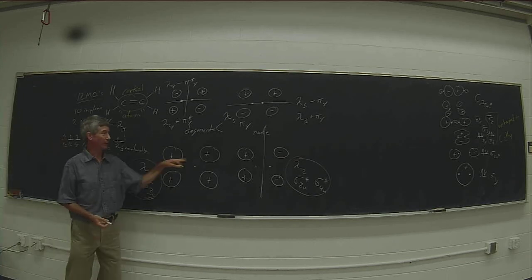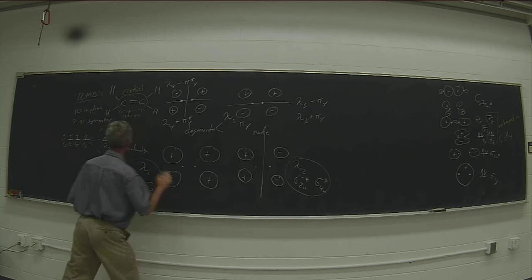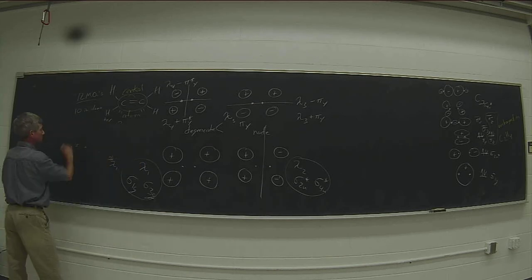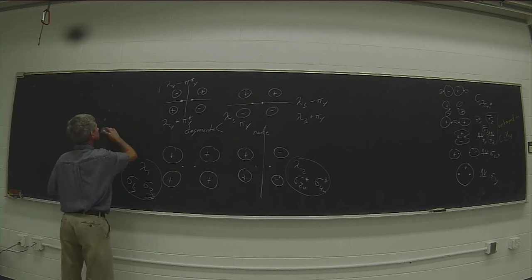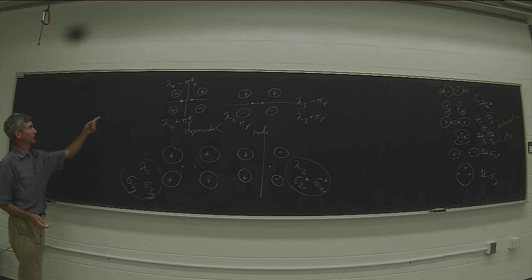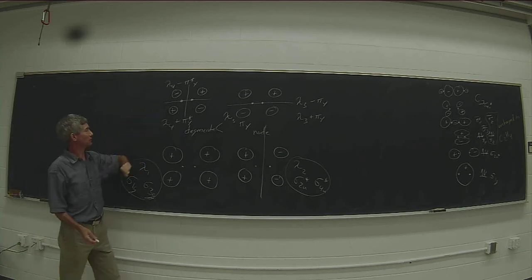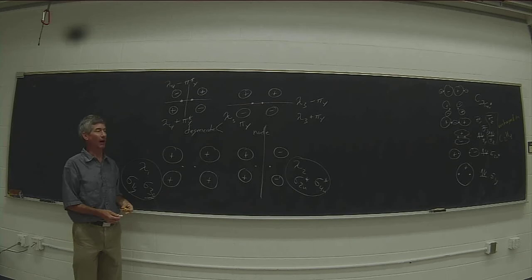These are the more complicated ones because in these cases we have 3 orbitals that have the same symmetry properties. So let's start here with the combination of lambda 4 and the pi star, the anti-bonding pi y orbital.